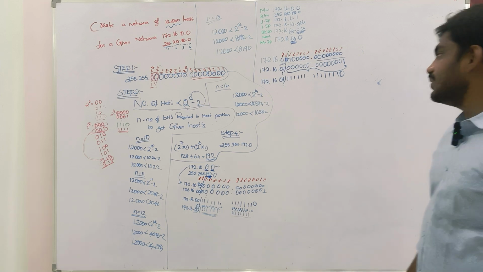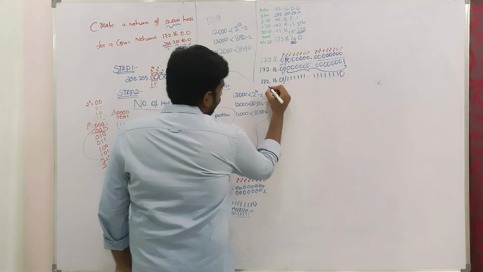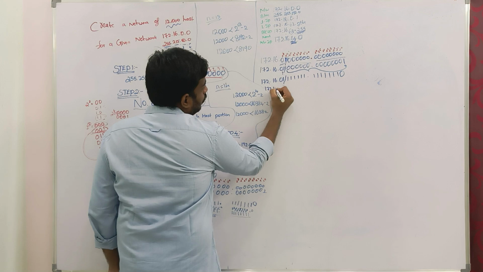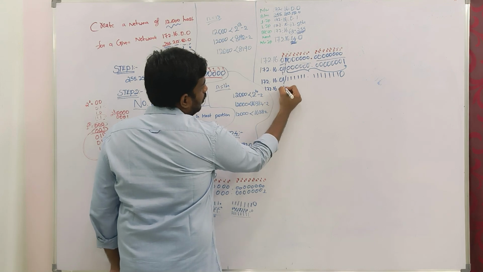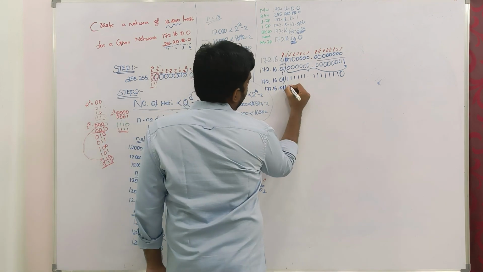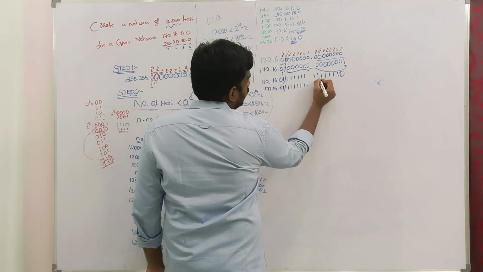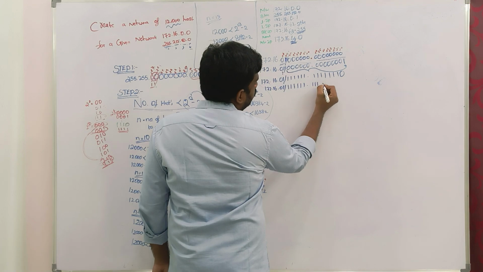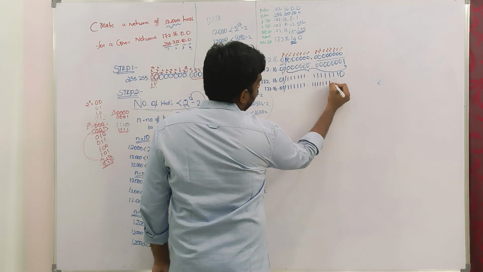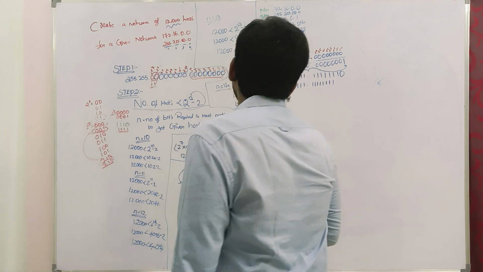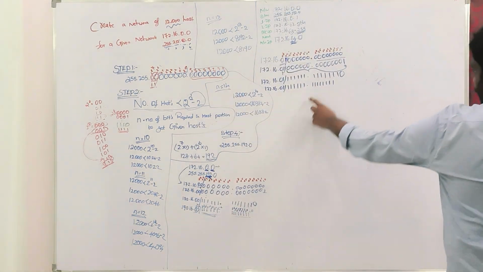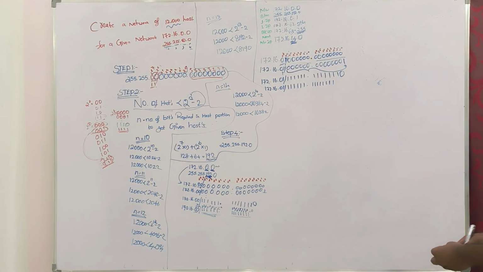What is our broadcast IP? So 172.16, and all should be 1 in the third octet: 1, 2, 3, 4, 5, 6. In the fourth octet, 1, 2, 3, 4, 5, 6, 7, 8. 8 bits of binary in the fourth octet.